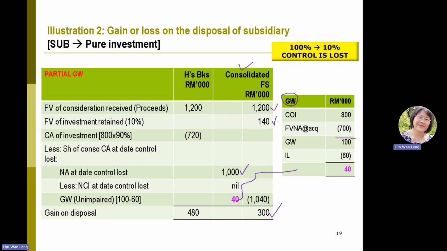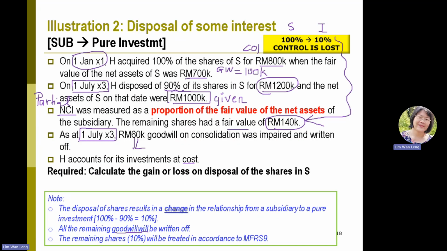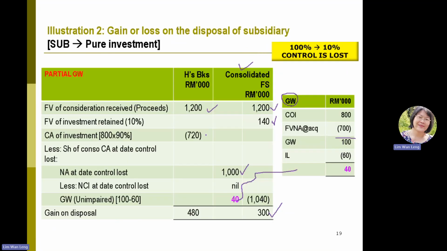From the holdings entity point of view, of course, they receive the proceeds of 1.2 million, right? Compare with the carrying amount. Last time, when they bought the 100% from you, the cost of investment was 800,000. So now you dispose of 90% of it, so the proportionate cost was only 720.